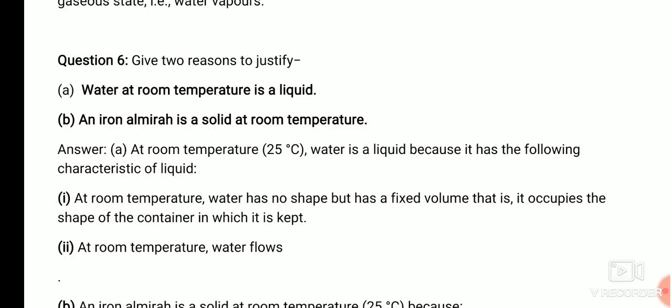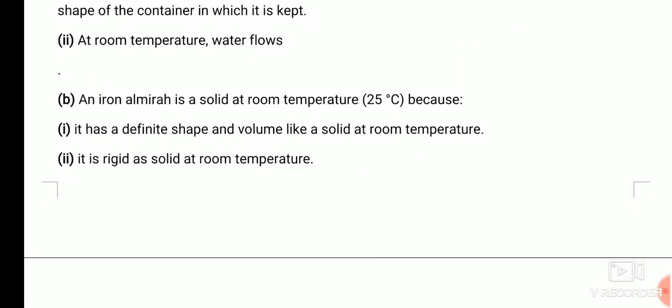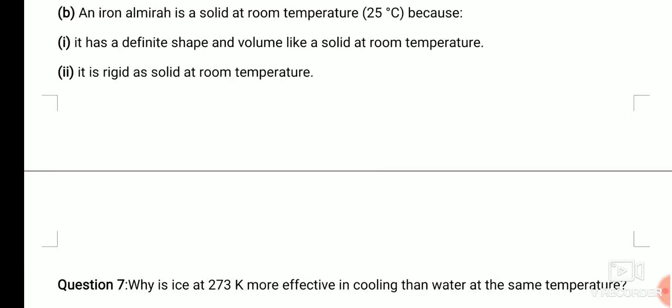Similarly, an iron almirah is solid at room temperature. Why? Because it follows all the properties of solid. It has definite shape, fixed volume, occupies space, right? So these are the explanations about the answers. They are much easier than others, right?